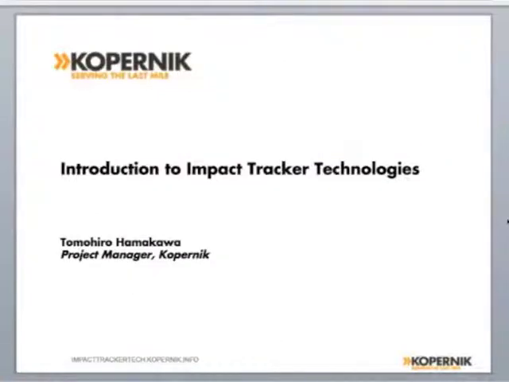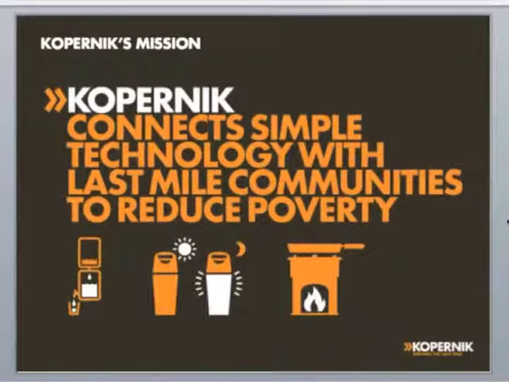So first, introduction to Impact Tracker technologies. But before we get started on the Impact Tracker tech, I'd like to quickly explain about our organization, Kopernik. Kopernik's mission is to connect simple technology with last-mile communities to reduce poverty. And by technology, we mean products like water filters, solar lanterns, clean cook stoves, drip irrigation, and solar-powered hearing aids, so on and so forth.